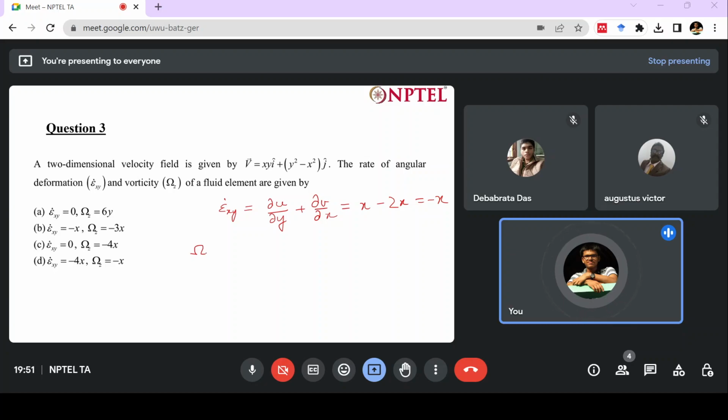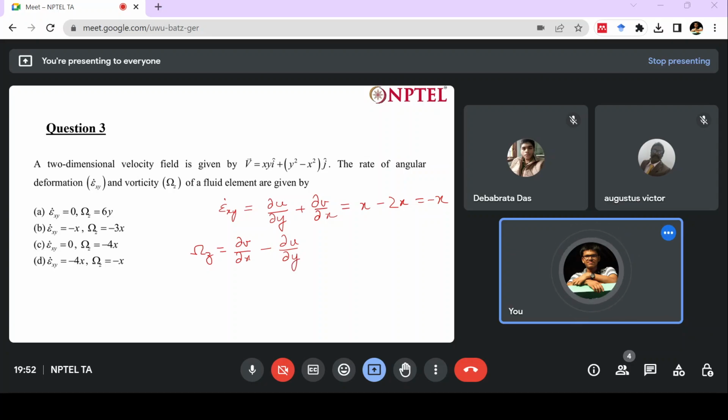Now calculate the vorticity. Here they have used capital omega. You may use small omega as well. So this will be del v del x minus del u del y.